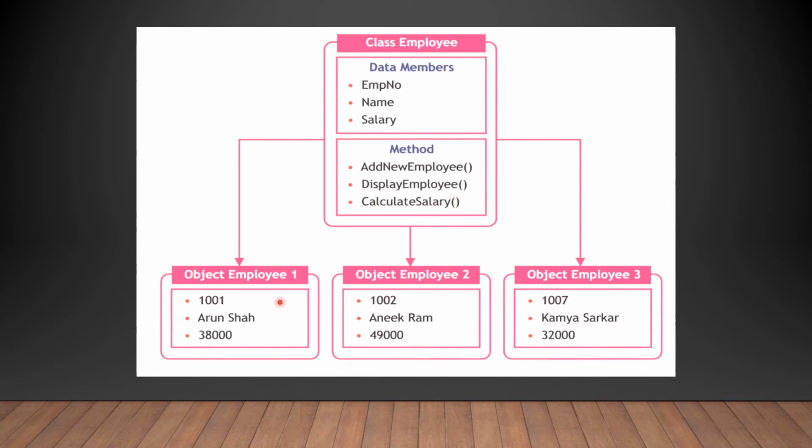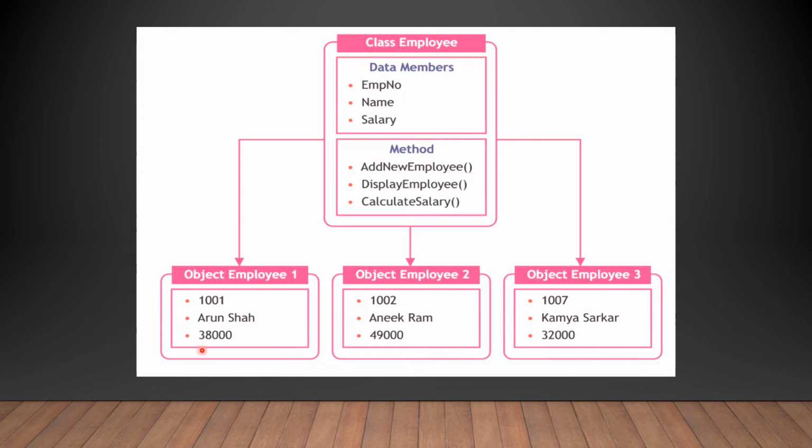Then in the object, you can see that there are 3 bullet points under each object. So what are these representing? Basically, these are the data members of each object. As we just talked about, the class contains data members and methods and the actual data is in the object.